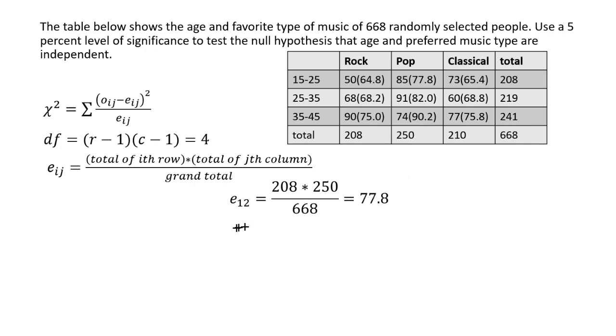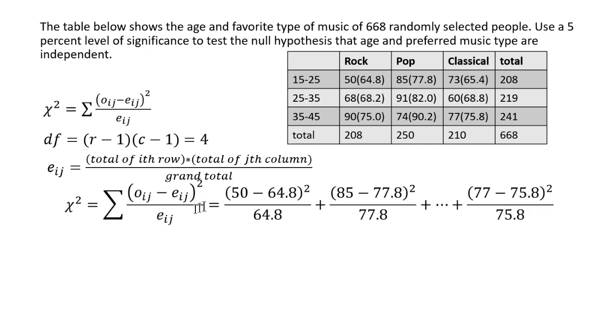And then we're ready to actually compute this chi-squared statistic, the sample statistic. For this one, you look at the observed data, which is 50, subtract the expected value, which is 64.8, square it, and you divide by 64.8. And you do that for every cell.